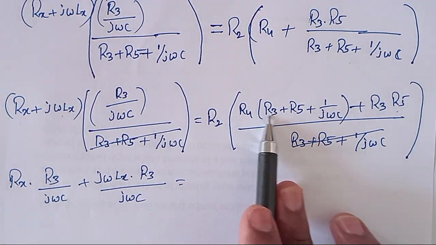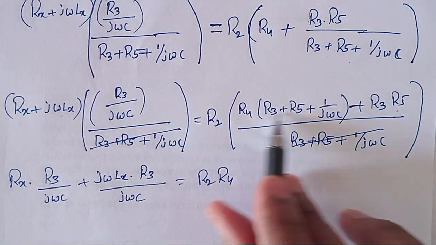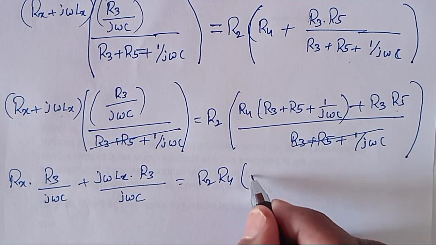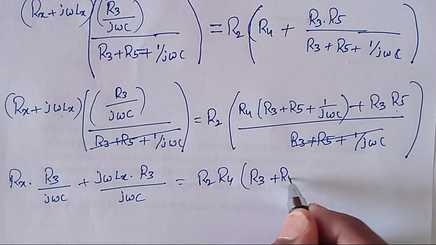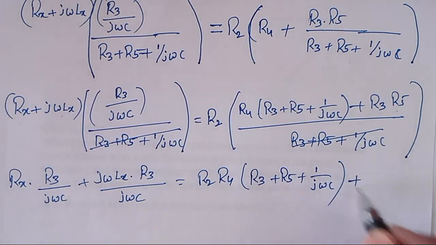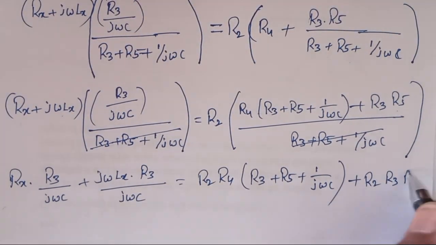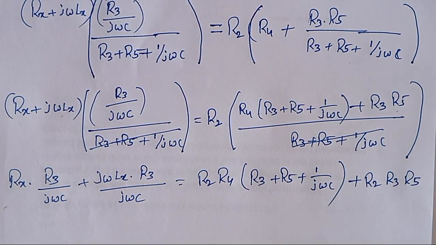So this one into this one, R2 R4. First I am multiplying only with this compound term into R3 plus R5 plus 1 by j omega C, plus this one into this one, R2 R3 R5.